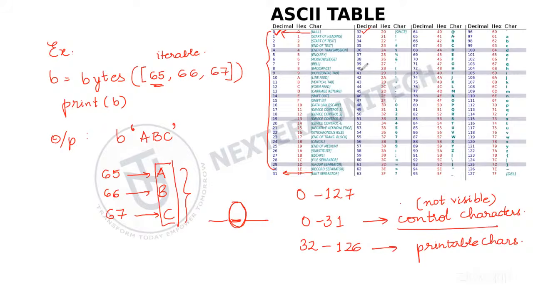All the following values are printable characters, special characters which we can see when we type them. Then we have numbers, colon, semicolon, less than, equals to, greater than, question mark, and at the rate. From 65 to 90, we have all the uppercase letters.